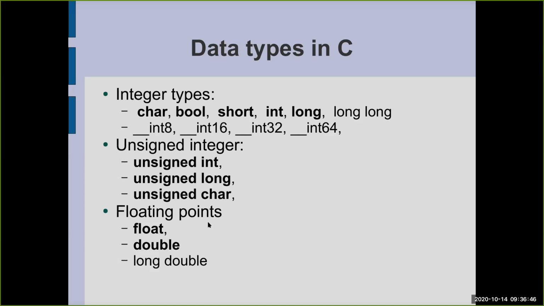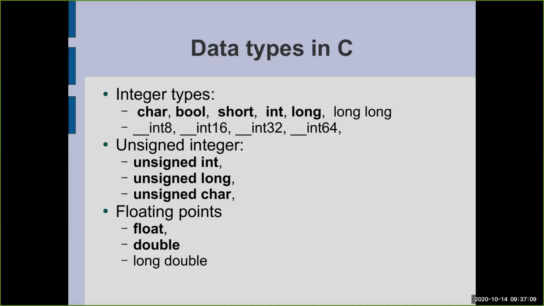And in case of floating points, I have float, double or long double type, and using these types, I can represent, let's say, values which are similar to real values.